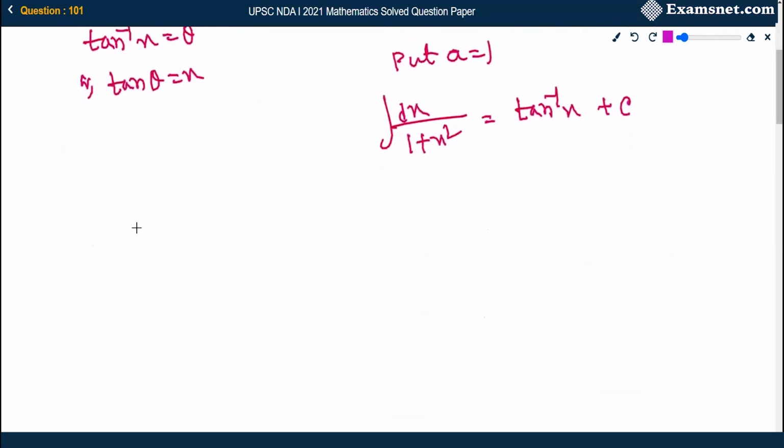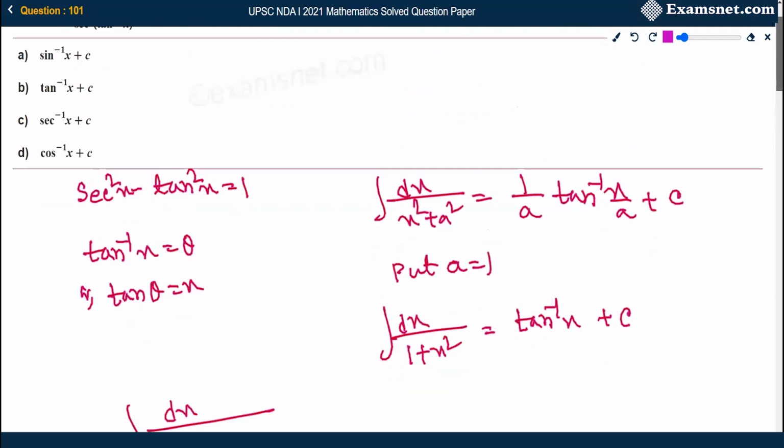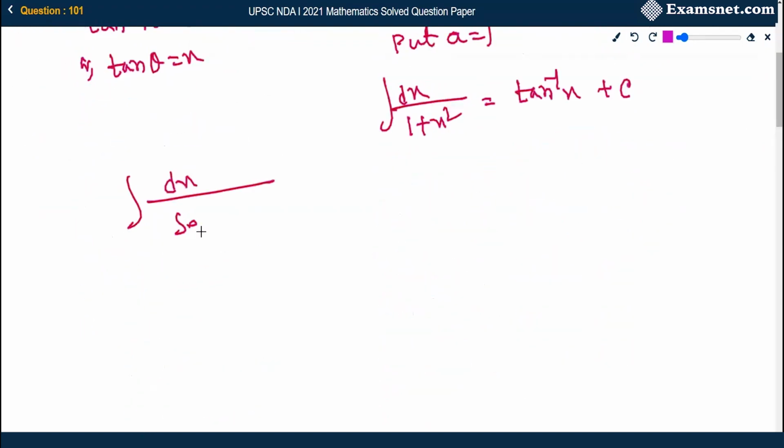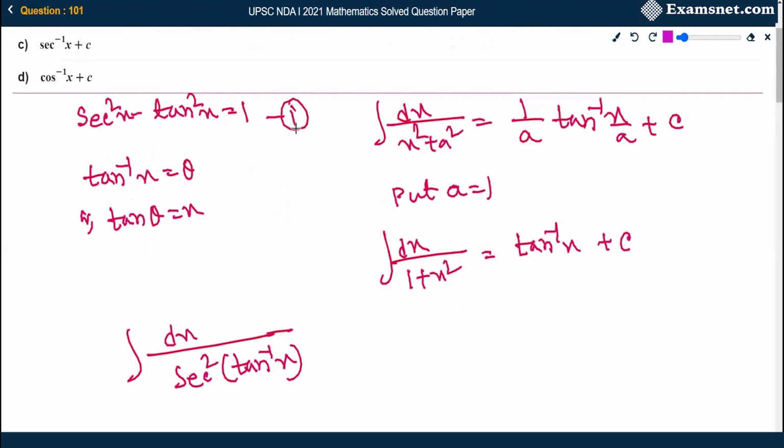Here it's given integration dx by sec square tan inverse x, right? Now let's name them 1, 2, and 3, so that we can properly write where we have used which formula.